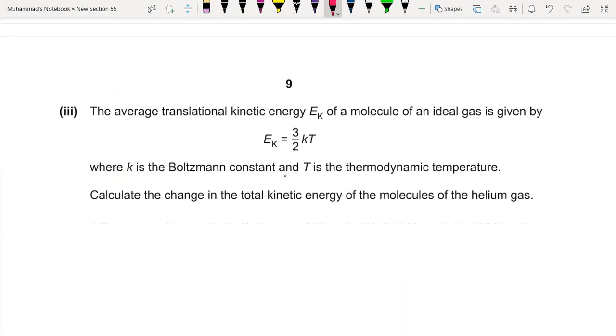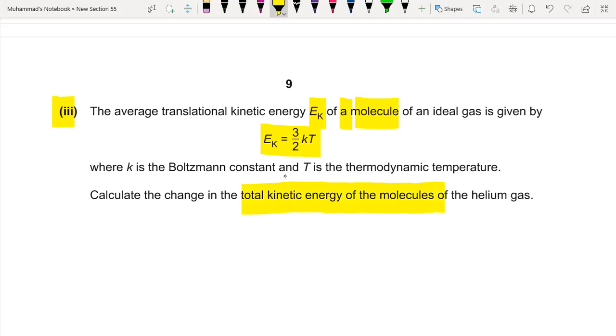Third question, third part: average translational kinetic energy Ek of a molecule of the gas is given by this. This is very important. This is the average translational kinetic energy of a single molecule, where k is the Boltzmann constant and T is thermodynamic temperature. Calculate the change in total kinetic energy of the gas.